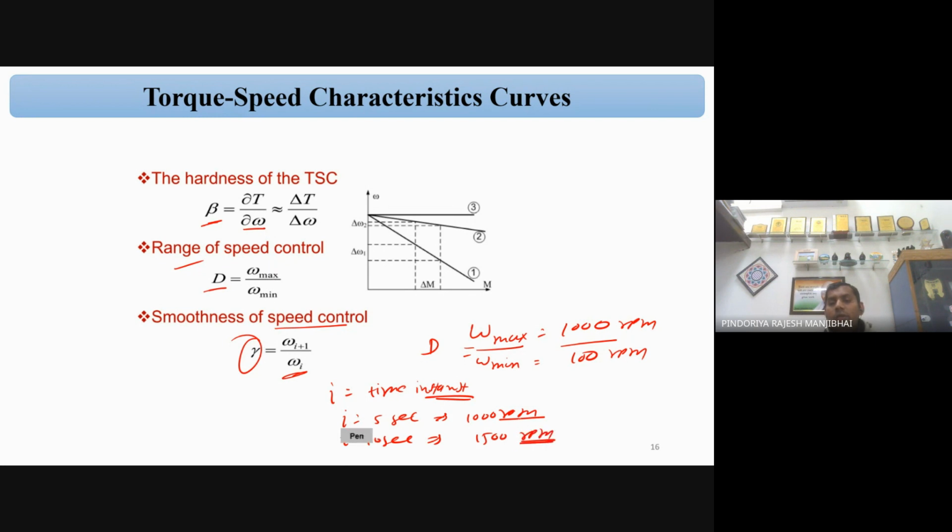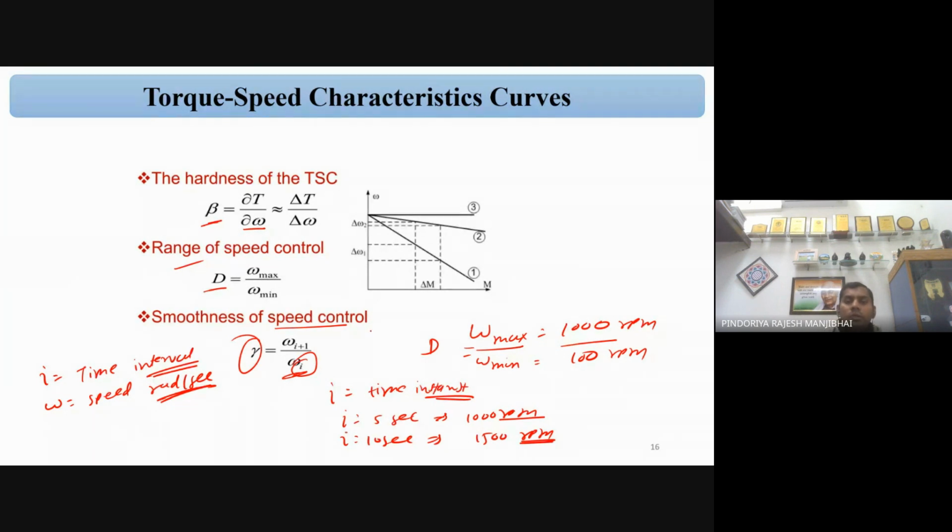So i indicates the time interval, and omega indicates your speed, in radians per second. So these are the simple modeling of the torque speed characteristic.